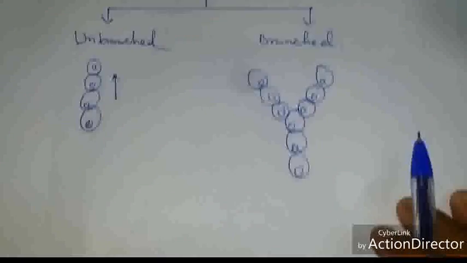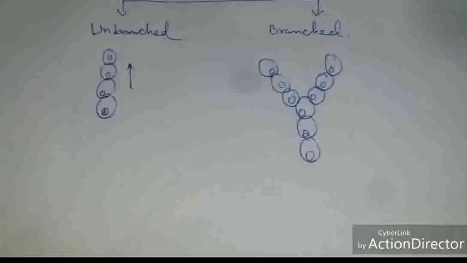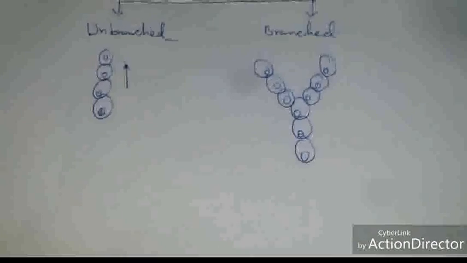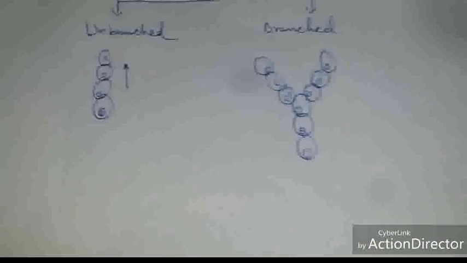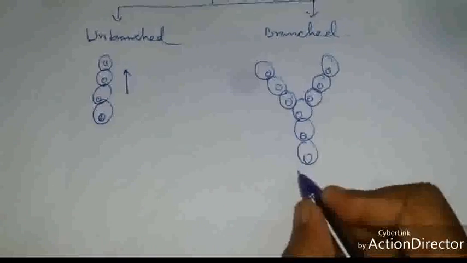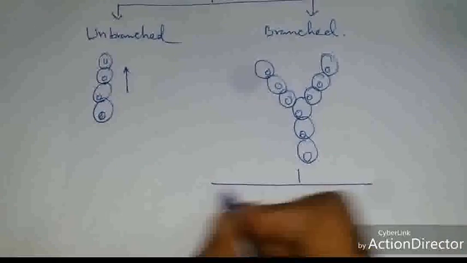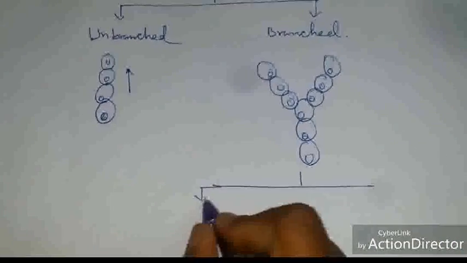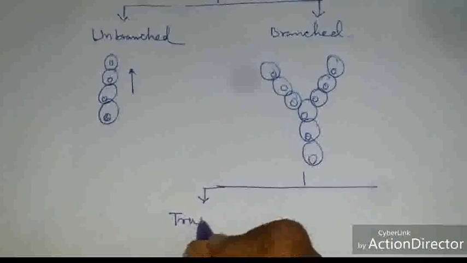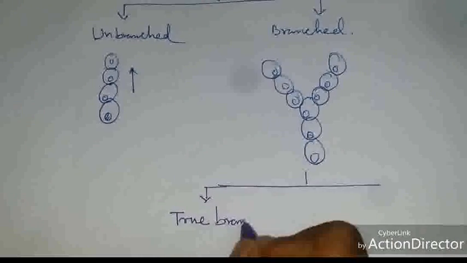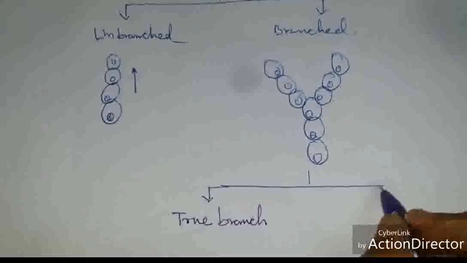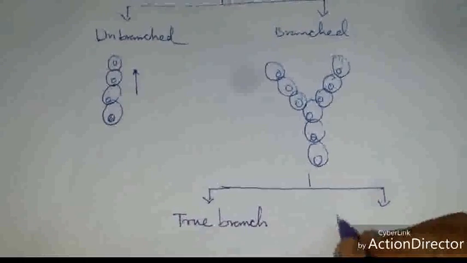Now branched filamentous thallus is divided into two groups. One is true branch and second is false branch.